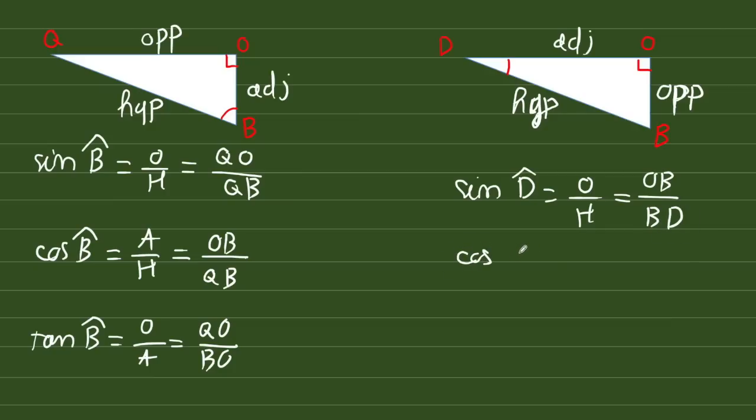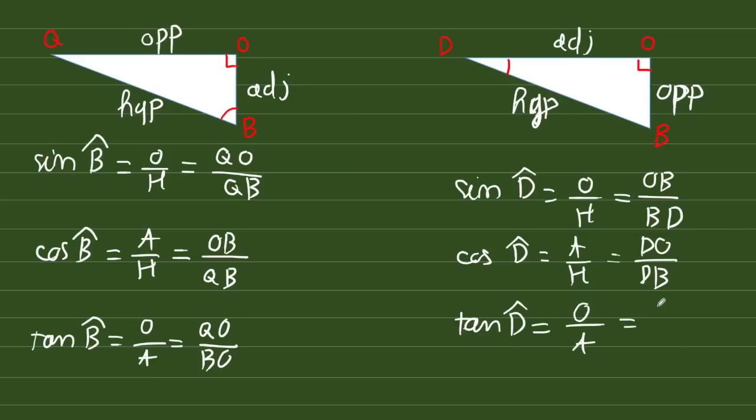Cos D means adjacent over hypotenuse. Adjacent is DO, hypotenuse is DB. Tan D is opposite divided by adjacent. Opposite is OB, adjacent is OD.